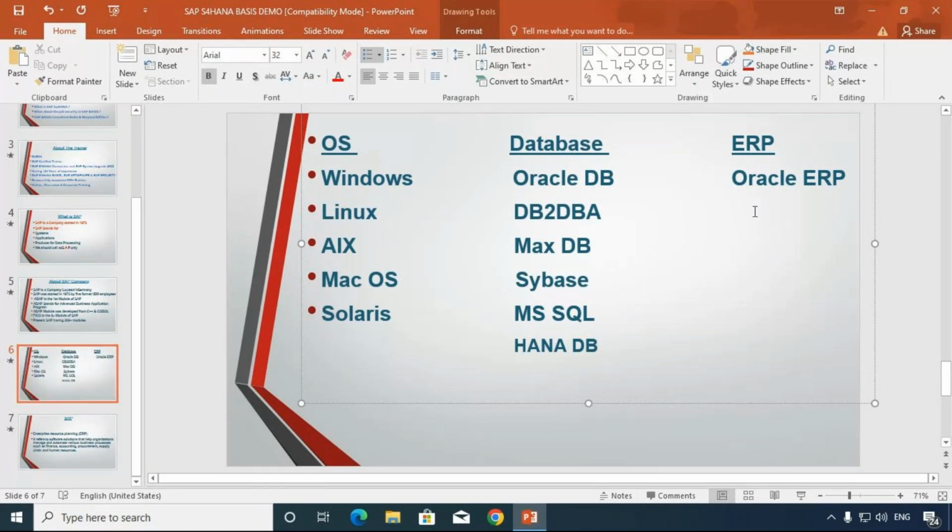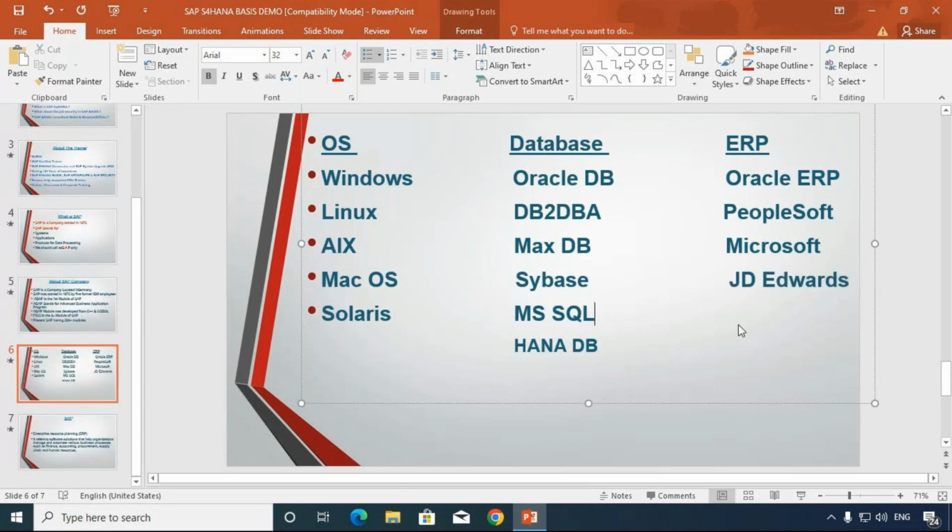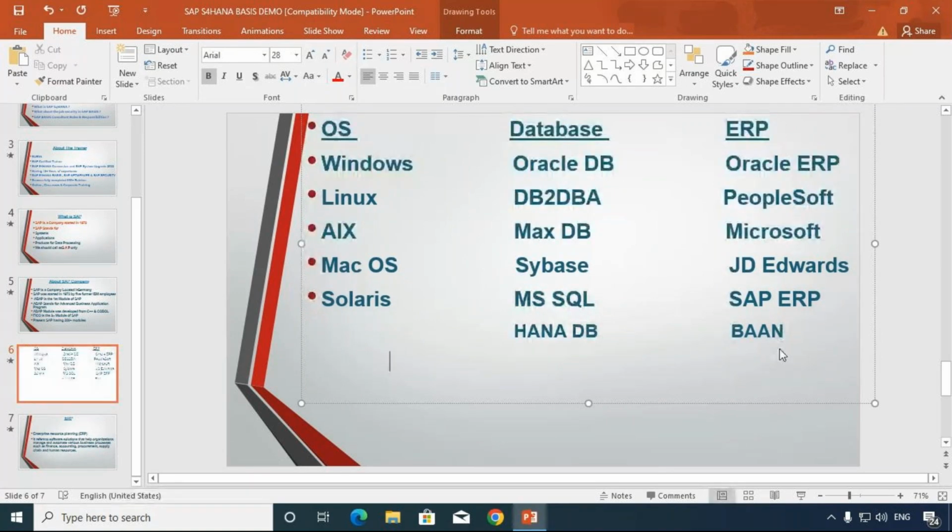Oracle ERP, PeopleSoft ERP, Microsoft ERP, JD Edwards, SAP ERP, BaaN, and Tally ERP are also there in the market.